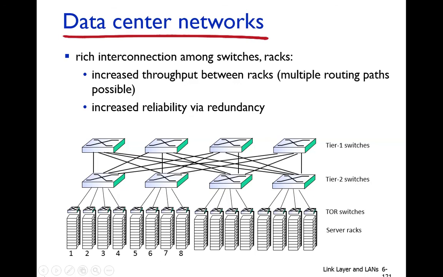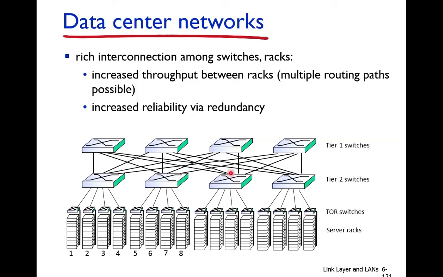As I have told you, in the data center it is also required to decide how these servers and these switches are interconnected. For this purpose we need specialized networking protocols. This is called data center networks. Their protocols and their working are different from enterprise networks.